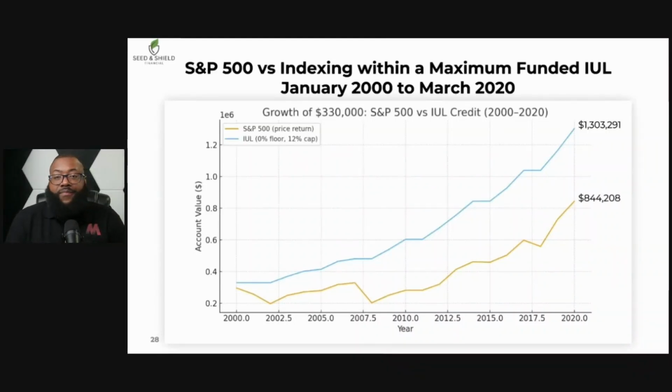So again, would you want stress-free growth, or would you want hell and back? I think you would want stress-free growth. On top of that, you would nearly get $500,000 more. It's really a no-brainer.